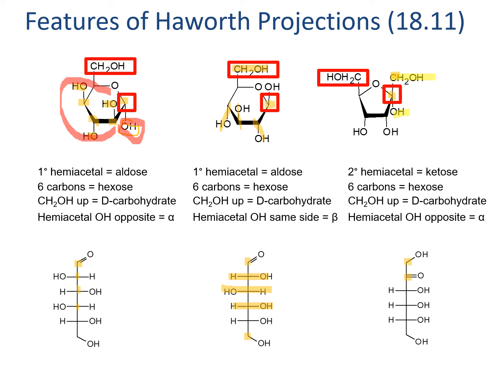Only the alcohols on carbons 3 and 4 correspond directly to the Fischer projection. In this case, they're both drawn down in the ring, so they'll both be right in the Fischer projection. And the final chiral carbon has the OH on the right because this is a D-carbohydrate, which we see with the CH2OH up here being on the left.